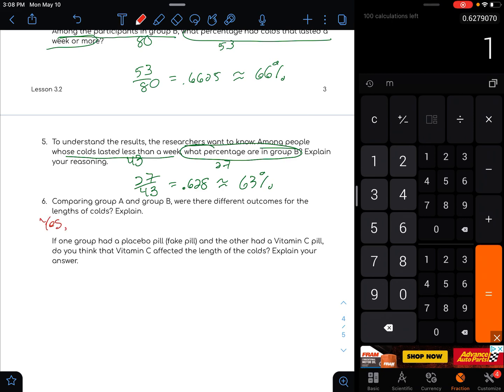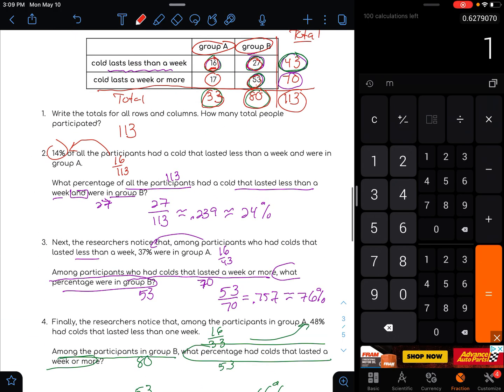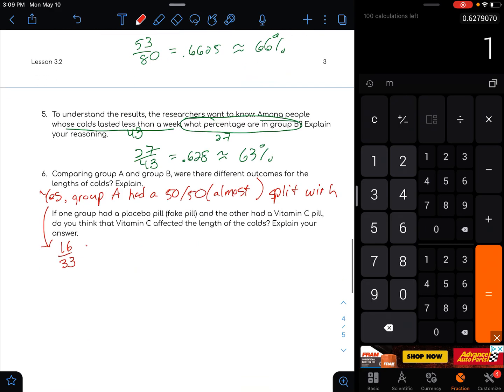So, yes, group A had a 50-50 or almost split, with, I should have provided more space here, 16 out of 33, which was our 48% number, having colds lasting less than a week.